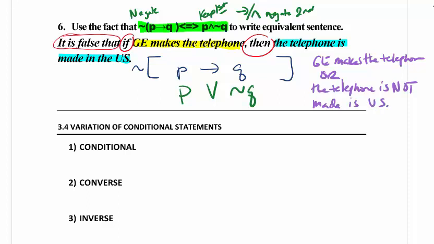So step 1, write it in symbols. Step 2, convert it using the relationship. Step 3, go back to words. And again, you'll notice that I actually write my words in all capitals. It's just so that my brain can definitely focus on that idea.